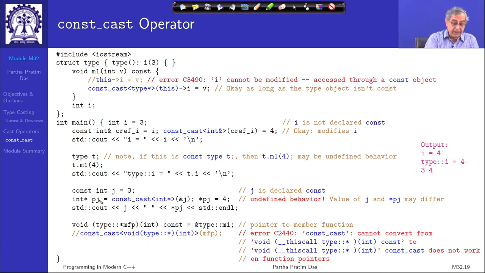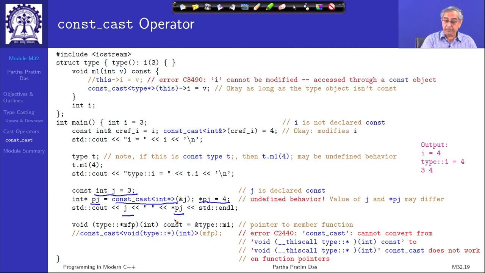Similarly, we have here, these are just different examples of constness. Here is a const variable j, and I have created a pointer stripping off the constness. So, looking from this pointer I can now make changes to it. Now, the interesting thing is p j points to j, but j and p j are not the same values anymore.